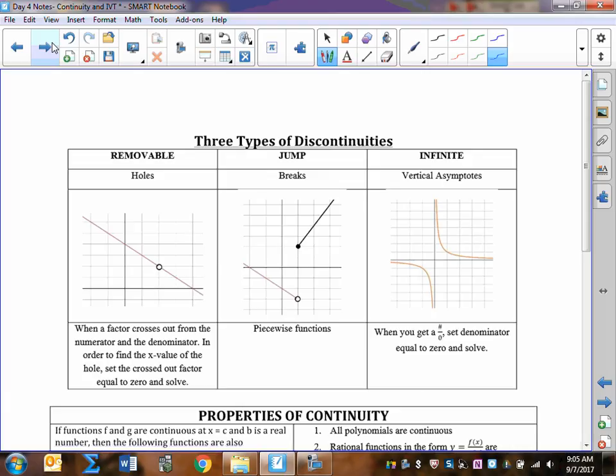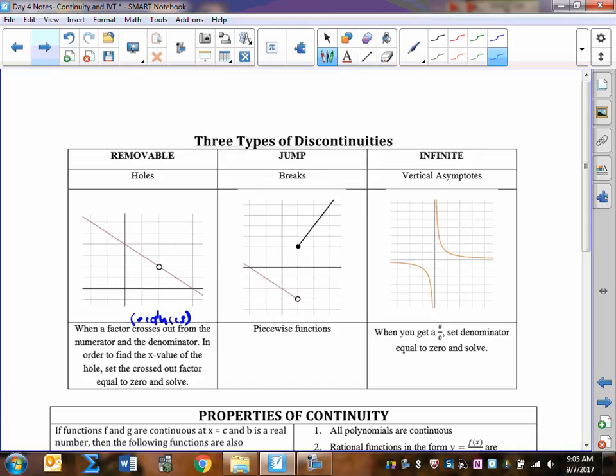So I think we've talked about it before, about our different types of discontinuities. We have those holes, which is when we have a factor that reduces. When it says crosses out, that's not good mathematical language. It reduces from the numerator and denominator. So whatever factor reduces out, that's going to be where our hole is. We have jumps, and this really comes from piecewise functions.